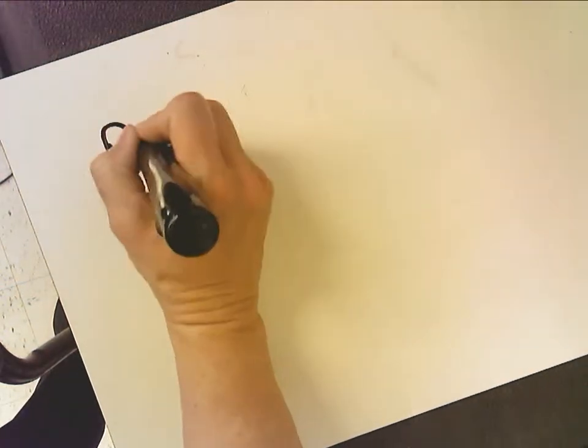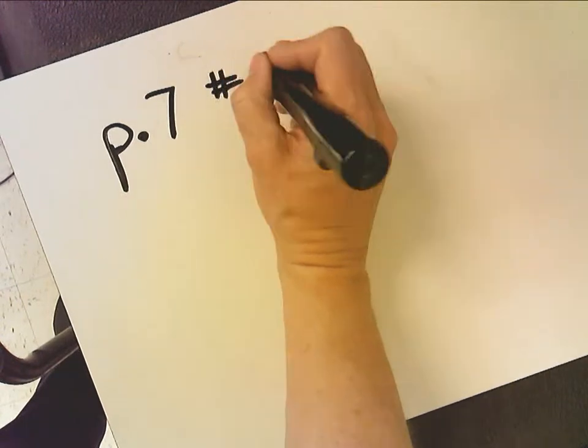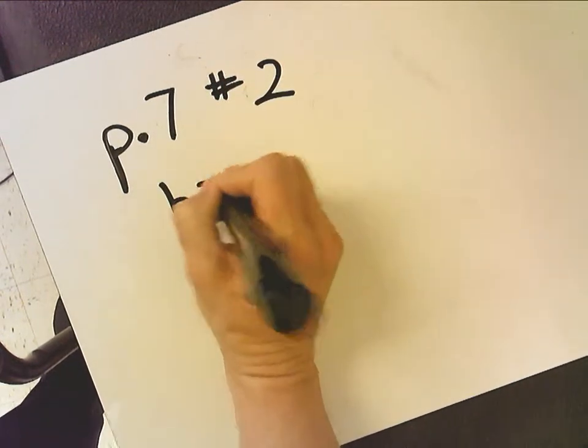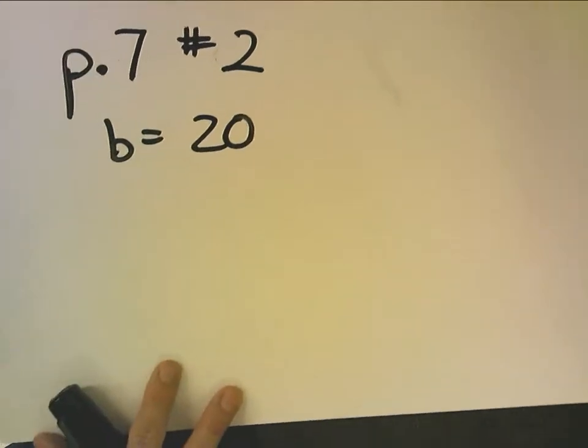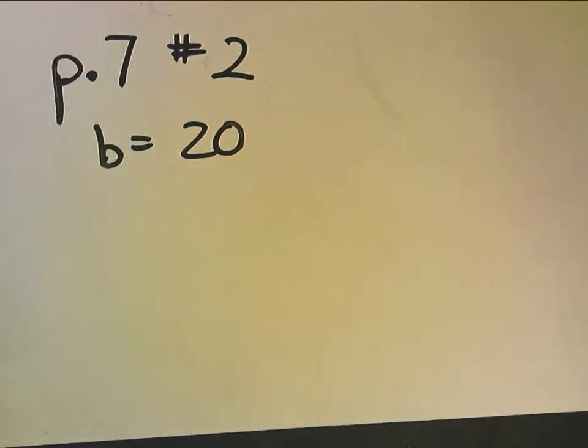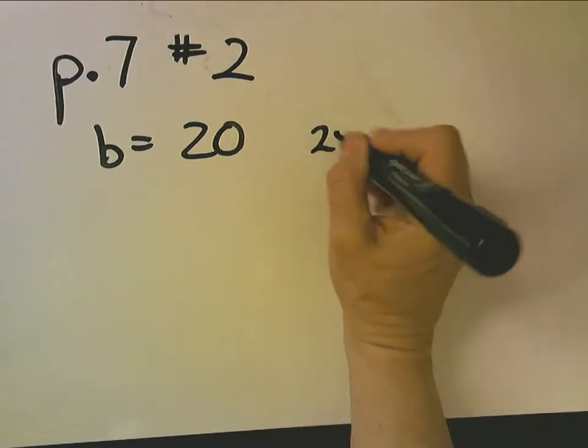So, on page 7, you had to do number 2. Number 2 on page 7 says a dance academy charges a flat fee of $20. So a flat fee is my b. And it also says it charges $25 per hour.